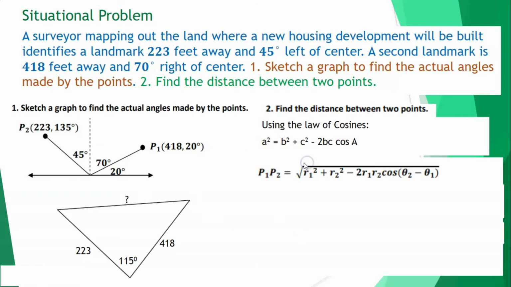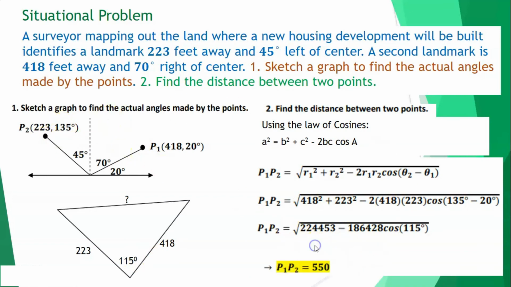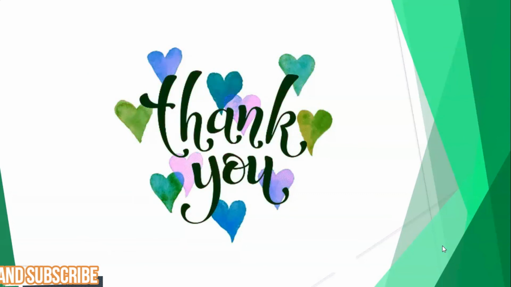So we'll have a squared, that's from point 1 to point 2, equals b squared, here is our r1, plus c squared, that's r2, minus 2bc cosine A, our included angle is 115. So let's substitute and simplify. We will end up with this. So from P1 to P2, the distance here is approximately 550 feet. So take note as to how it is done. Okay, so that would be all about the polar coordinate system. Thank you.